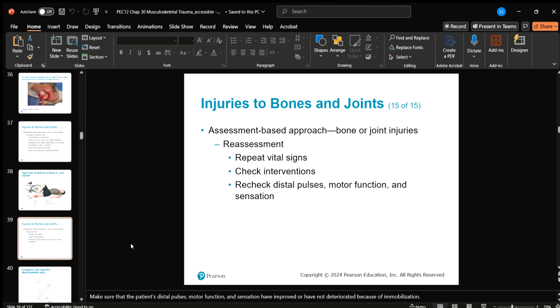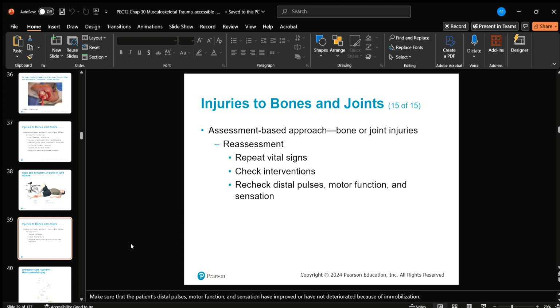You're going to reassess the vital signs every 5 minutes. You're going to recheck your interventions, and that is so important. People just kind of set and forget, but you need to reassess your interventions to ensure that they are still effective. For example, someone fractured their wrist, and we put a splint on them.